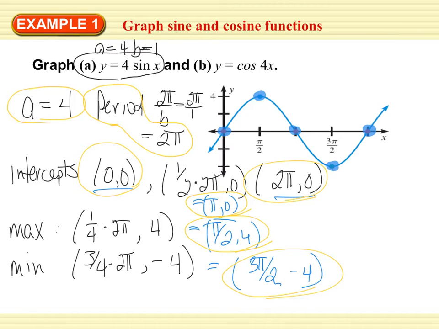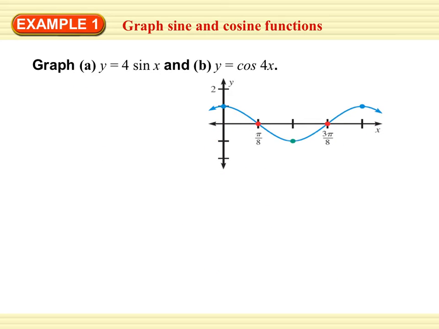Okay, let's try B. Okay, cosine. Remember, cosine doesn't start at the origin, but we still go through the same steps. I've got that page in front of me where we talked about the bits and pieces of cosine 4x. Here I know A is 1 and B is 4, so I can figure things out.